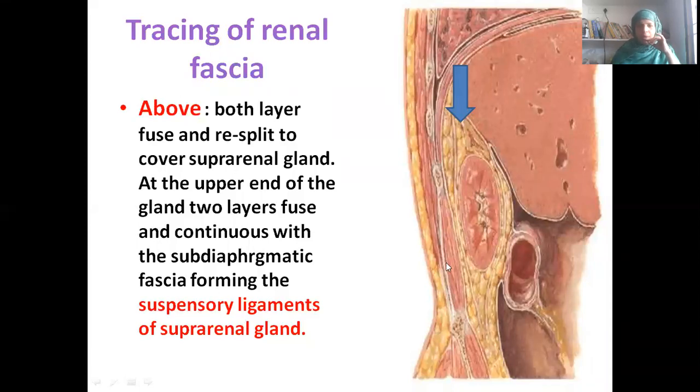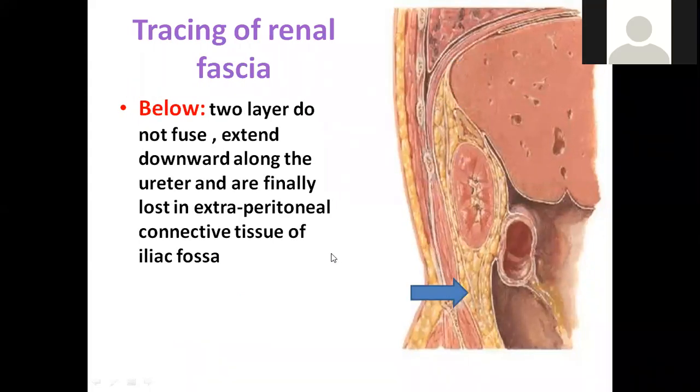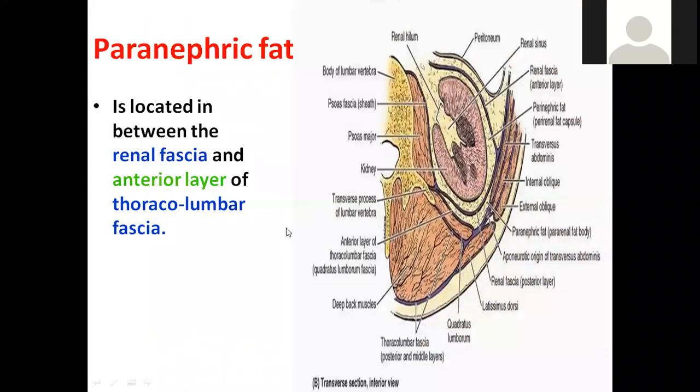Inferiorly, it is just disappearing, covering the ureter and disappearing in the iliac fossa. Is it clear? Should I repeat? Clear. Okay, all those are the four layers. This is running out, so I will send the link within 10 minutes again. We'll stop here.